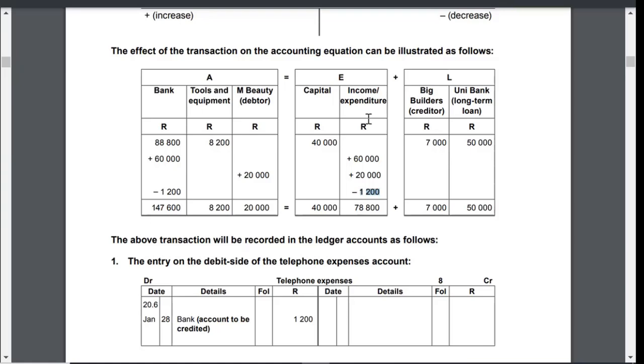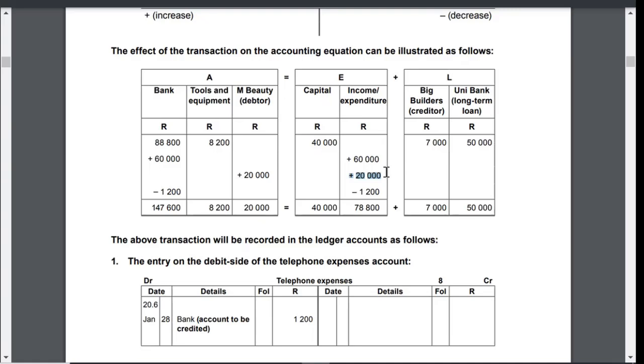So in this case, can you see that this minus here is decreasing the equity? Because it's an expense. Money is coming out. And these two are incomes. Equity increases when you credit and it decreases when you debit.